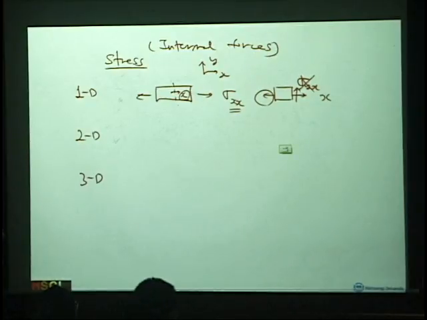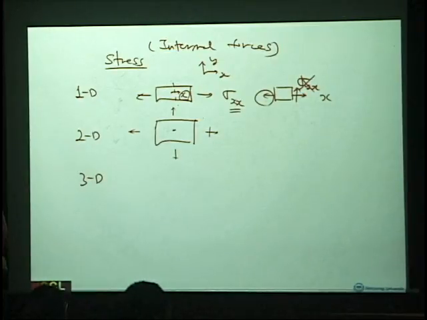But in the two-dimensional case, the situation is a little more complicated. Here, this is subject to this force, and that force, and many different forces. At this point, we can have this cut and that cut.